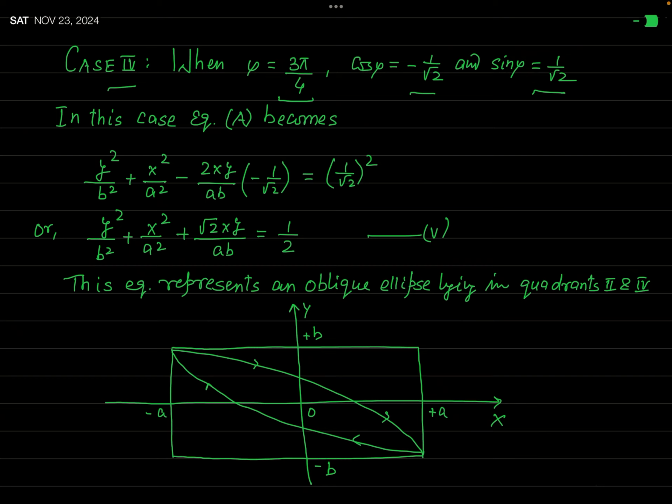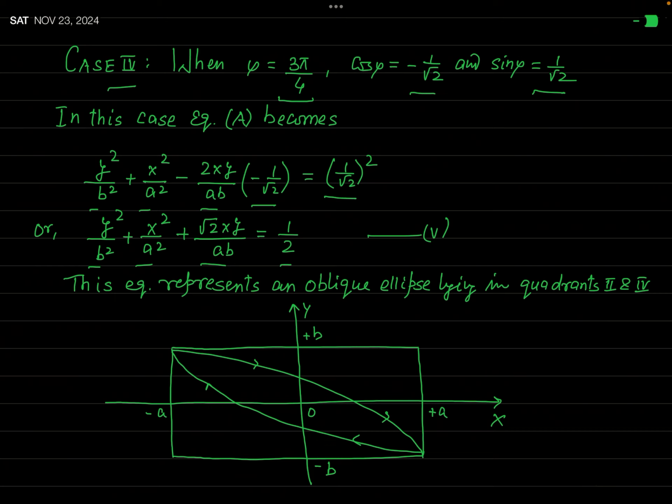Then that equation becomes y square over b square plus x square over a square minus 2xy over ab times minus 1 over root 2, and that is equal to a square of 1 over root 2. So this becomes y square over b square plus x square over a square plus root 2xy over ab equal to 1 by 2.